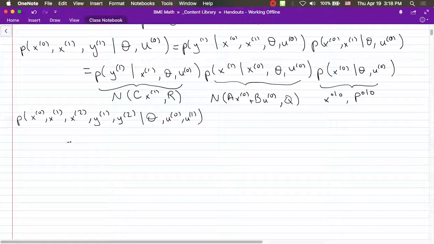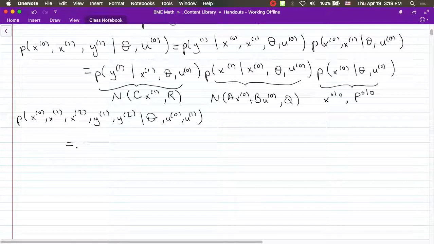All right. So this is the complete likelihood if we had two data points, y1 and y2. So we're going to do the same to it. We're going to split this into a bunch of conditional probabilities where we only have one variable that's of interest to us.